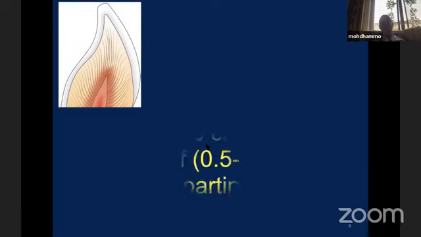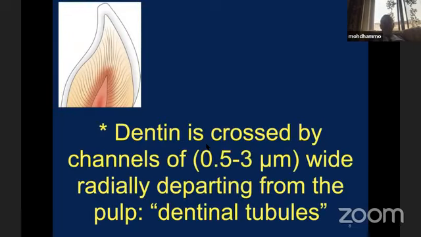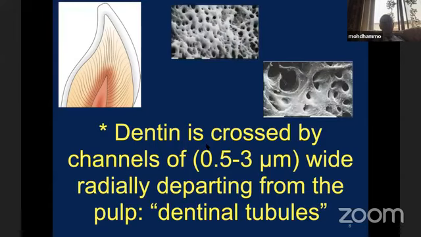So here is the dentine, and it is crossed by channels 0.5 to 3 micron in width, radiating from the pulp. Those channels are called dentinal tubules. If we go from the coronal part to the apical part, the width of the dentinal tubules becomes bigger.